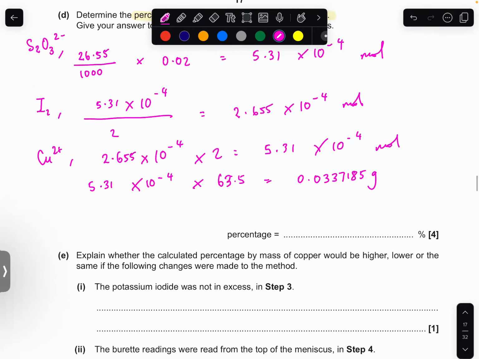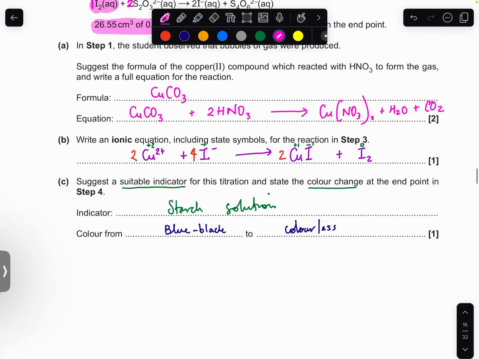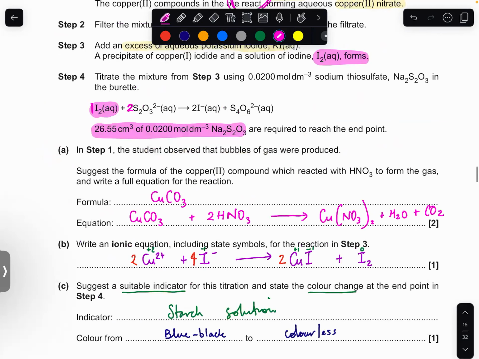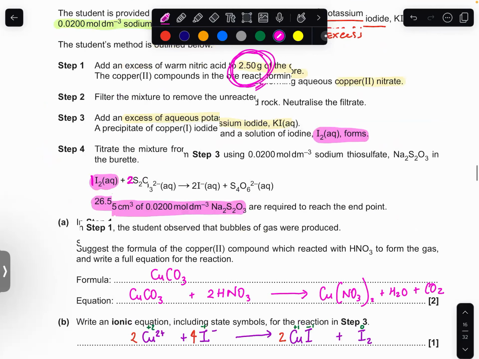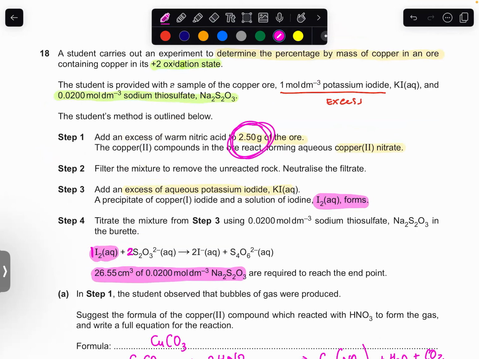So 0.0337185 divided by 2.50 grams multiplied by 100. For the appropriate significant figures, usually it's 3. You'll use the smallest significant figures they've given us.